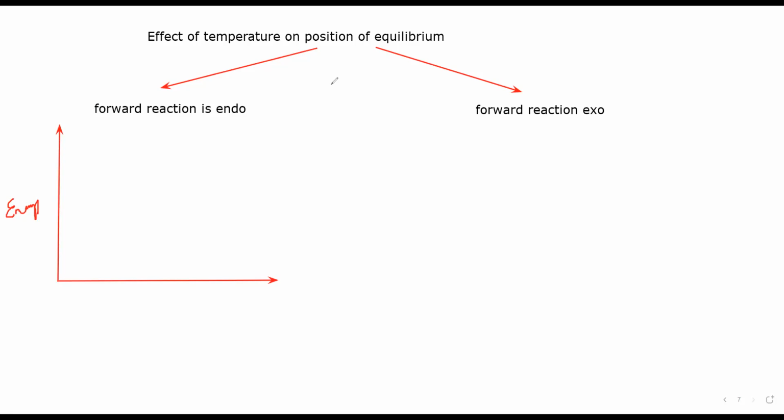So when we supply energy, the reactant absorbs energy and forms the product. So reactant will have low energy and the product will have high energy. So for endothermic reactions, the reactant has low energy, whereas the product has high energy.